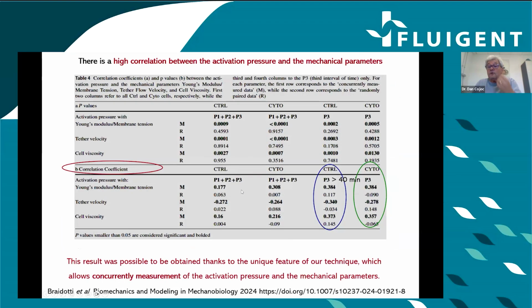Then we studied the correlation between the activation pressure and Young modulus and membrane tension. And to see if the values are relevant, we did the following. We randomly arranged and paired the data for activation pressure and one mechanical parameter. So those are the R values here.